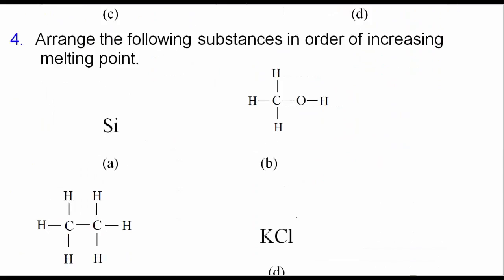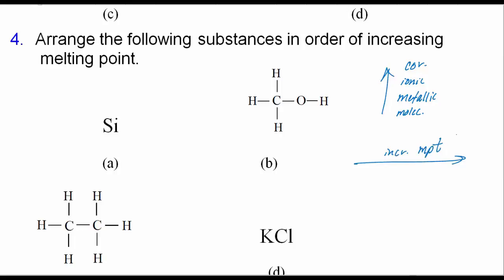Arrange the following substances in order of increasing melting point again. So again, remember we have covalent network, then we have ionic, then we have metallic, and then at the bottom of the pile was molecular. So, increasing melting point. List them out.